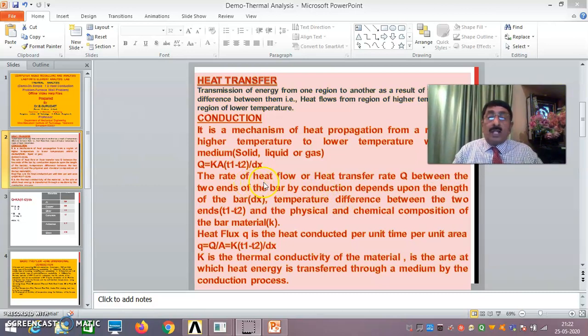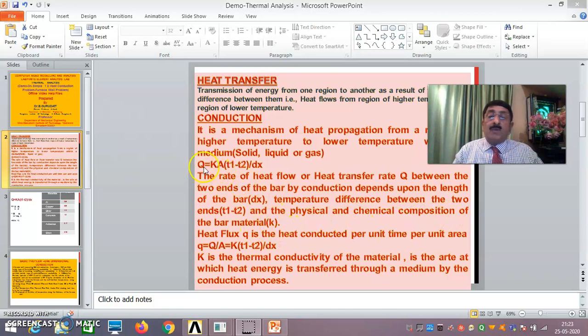this you should know, the rate of heat flow or heat transfer rate Q between the two ends of the bar by conduction depends upon the length of the bar, the temperature difference between the two ends and the physical and chemical composition of the material, K. That means Q depends on K, that is all chemical composition.